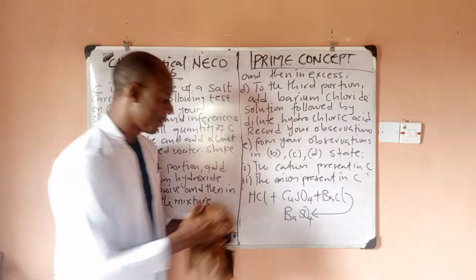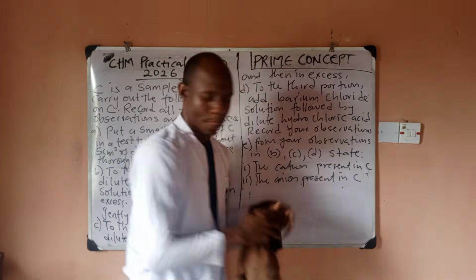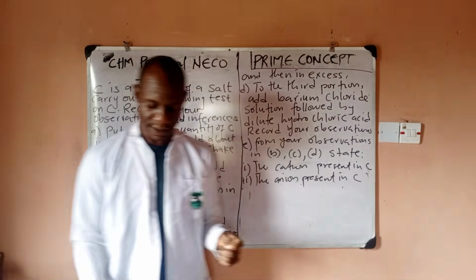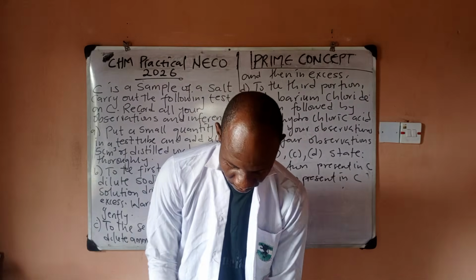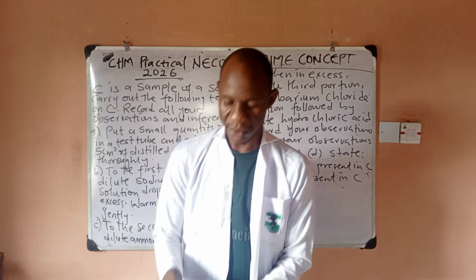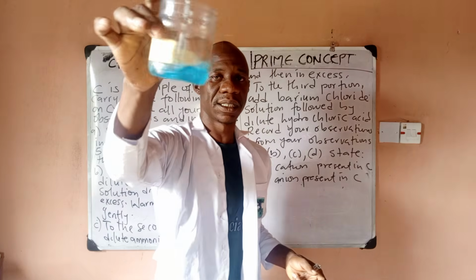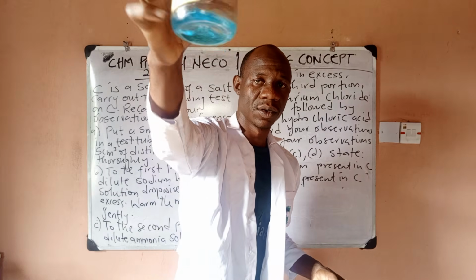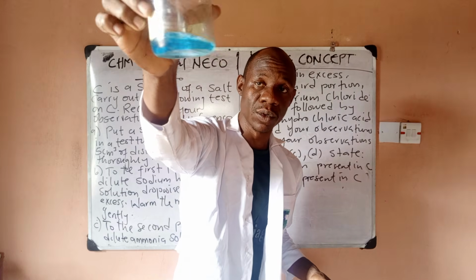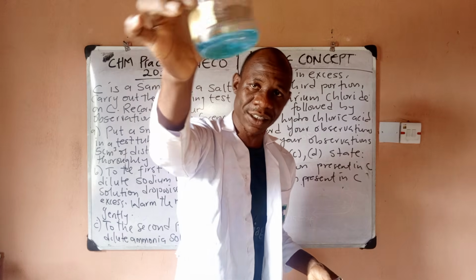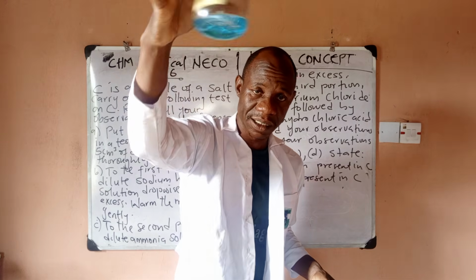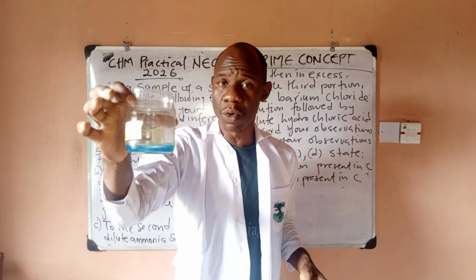Very quickly, let's start. I've dissolved my salt in distilled water. Upon dissolving, this is what I got. You notice that the salt is soluble. It formed a blue, clear solution, so there's no part of it remaining. So the salt is a soluble salt.